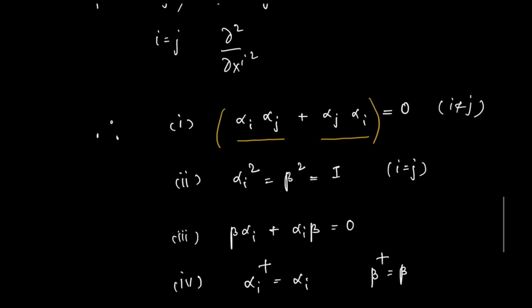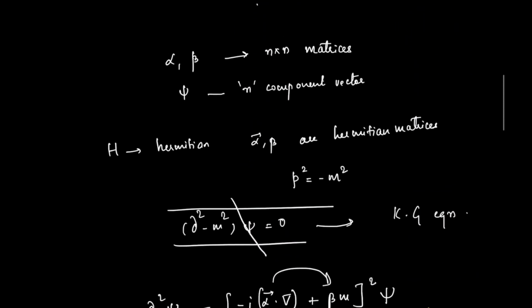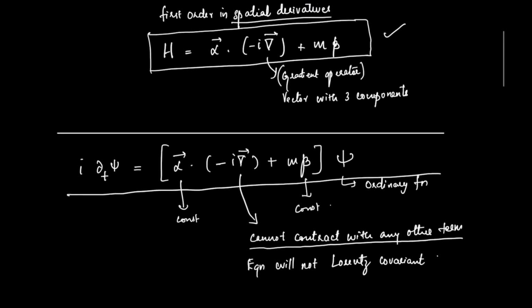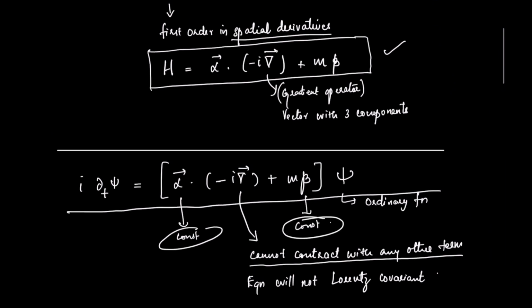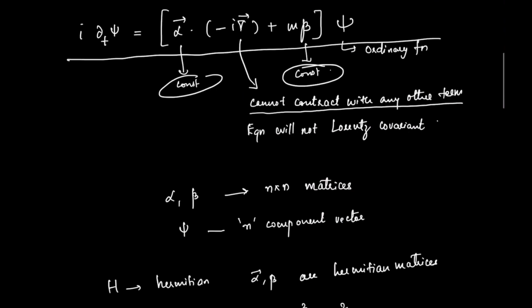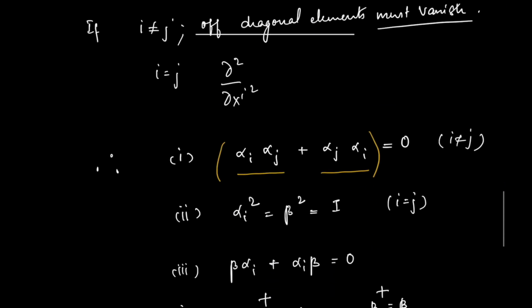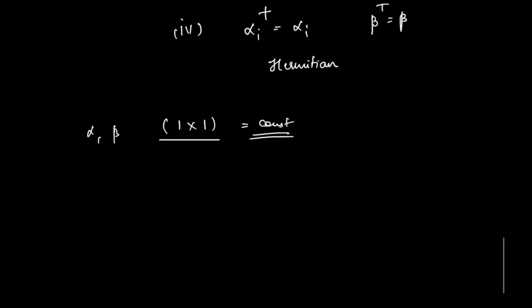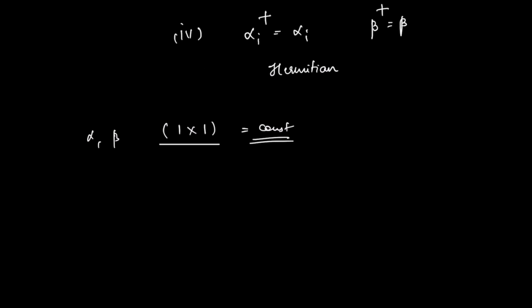And we have already seen that if alpha, beta are constant, then it cannot contract with any other term, right? The gradient operator cannot contract with alpha or beta because it is constant and the equation will not be Lorentz covariant. Therefore, alpha and beta cannot be constant. So it cannot be a 1 cross 1 matrix also. It has to be a matrix, but it should not be a 1 cross 1 matrix because a 1 cross 1 matrix means it is a constant, right?